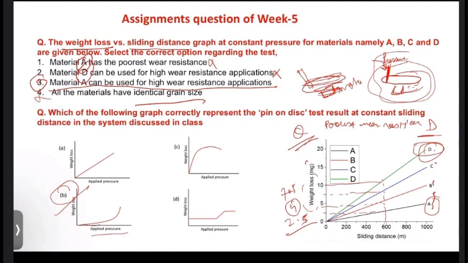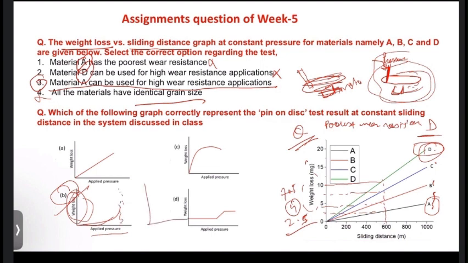Pressure is increasing and the weight loss is increasing. Okay. But after a certain point, you're not increasing the pressure, but the weight loss keeps increasing. The pressure is constant, but the weight loss is increasing.